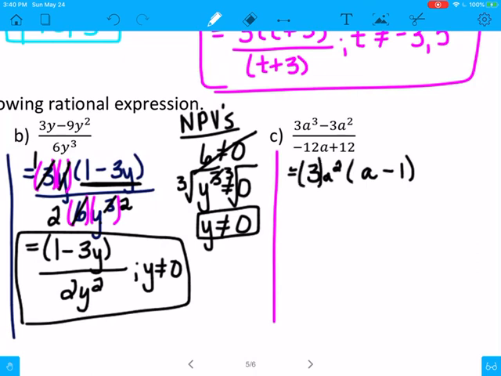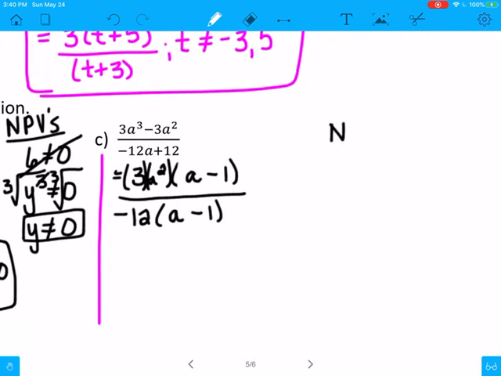And then the 3 is in its own brackets, and the a squared is in its own brackets. In the bottom, I can take a negative 12 out. Negative 12a divided by negative 12 is a. And then 12 divided by negative 12 is minus 1.